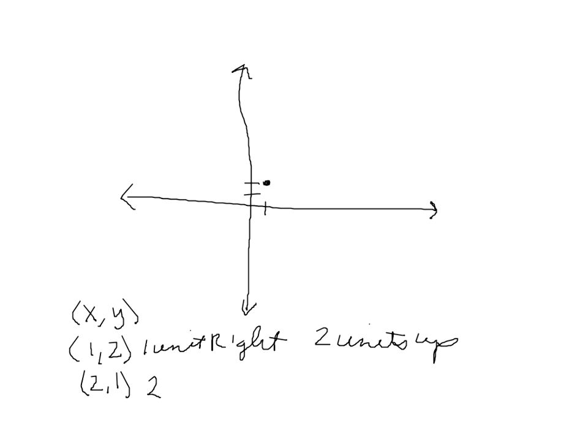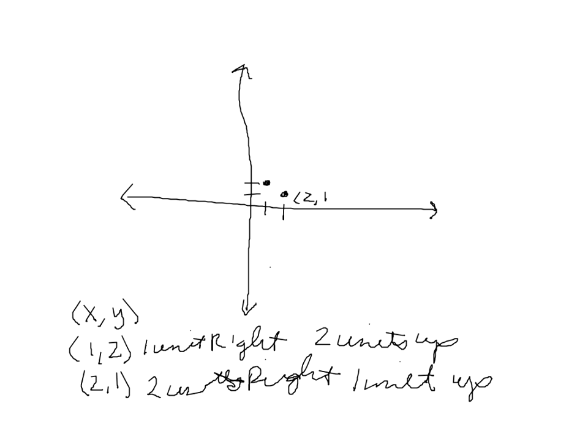And then 2, 1 would be 2 units right, and up 1 unit. So that would be 2, 1. So the order is important, and that's why we call it an ordered pair.